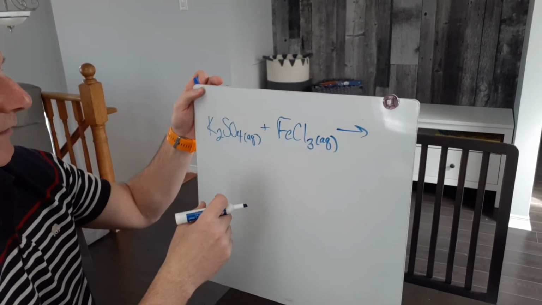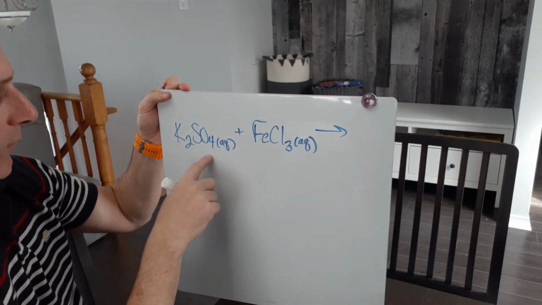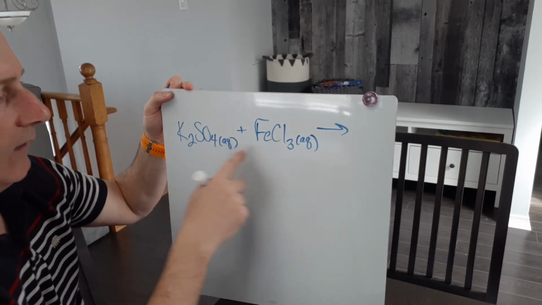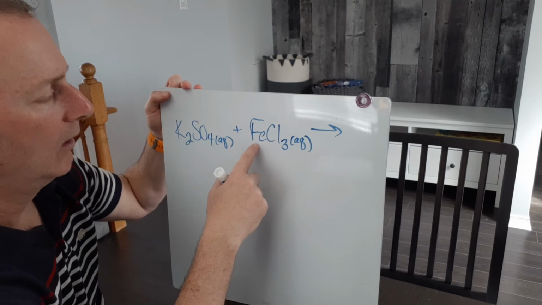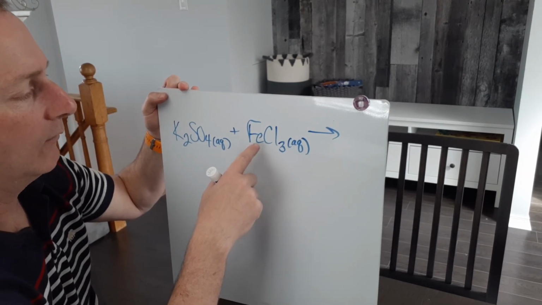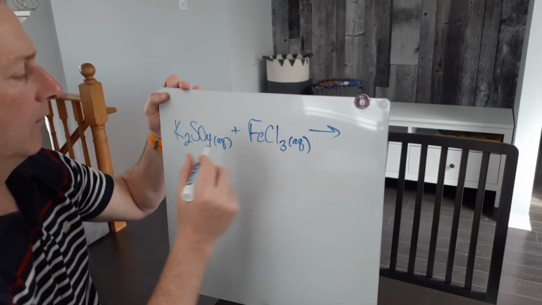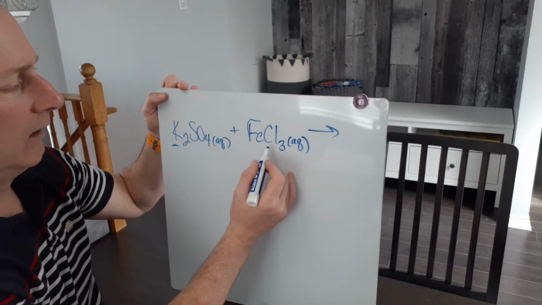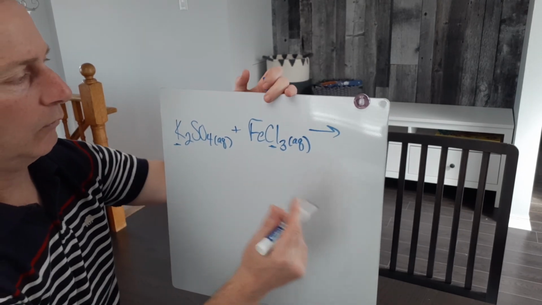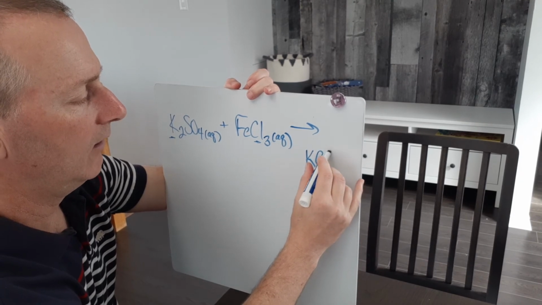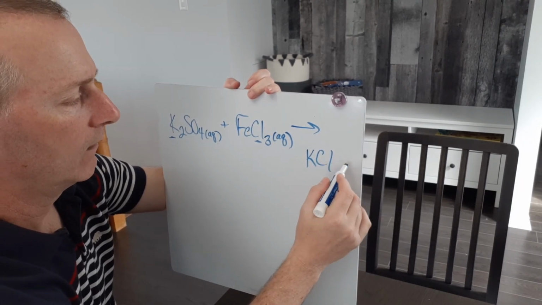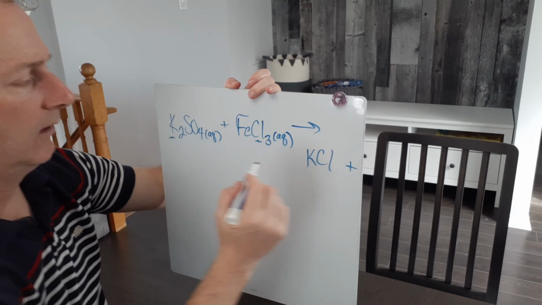So when you do these, hopefully you should practice some naming. K2SO4 is potassium sulfate, FeCl3, I know it's probably been a while since you've done them. Remember, multivalent, so iron 3 chloride. All right, so I'm going to take my potassium, I'm going to put it with my chlorine. So that's going to give me KCl. I'll leave my state of matter there, and I'll wait.